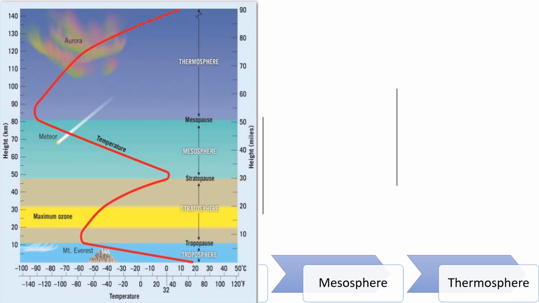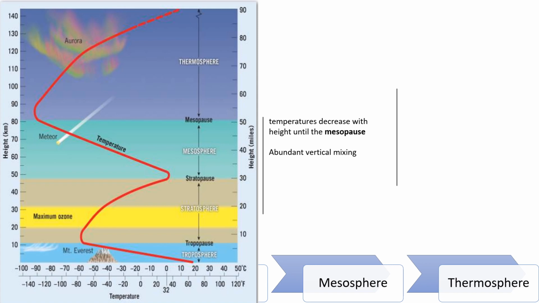And so then the third layer is the mesosphere. In the mesosphere, the temperature decreases with height until the mesopause. So if in the stratosphere the temperature is going up, in the mesosphere the temperature is decreasing again.